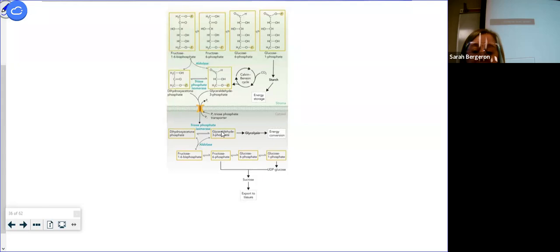Now that we have them out, we can either use them in glycolysis, right? Or we can turn them into different things depending on what we want, and we can make sucrose. We can send the sucrose out to the roots. We can feed the roots, right? We can do all that kind of stuff. So it depends on, does this cell need energy or do other cells need energy? Yeah.